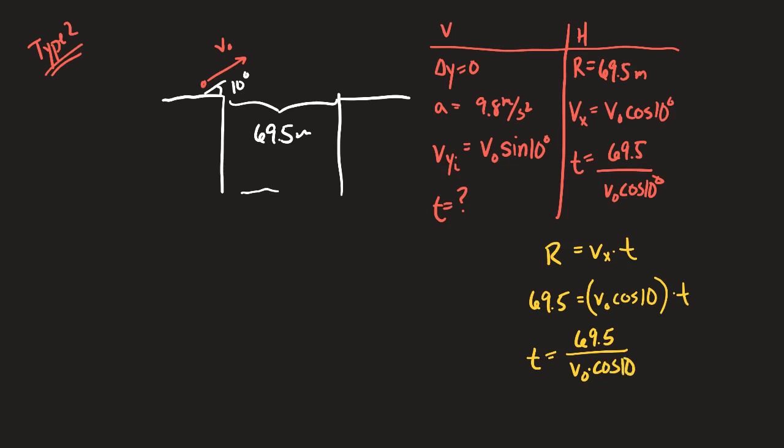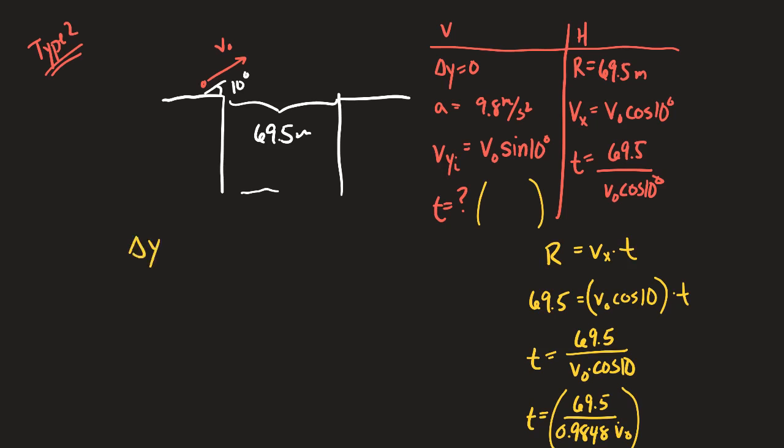By the way, what is the cosine of 10? You have access to fancy adding machines. 0.9848, times V naught. All right. I'm going to set that aside, but not for very long, because I could put all of this in for T here. Think about it.